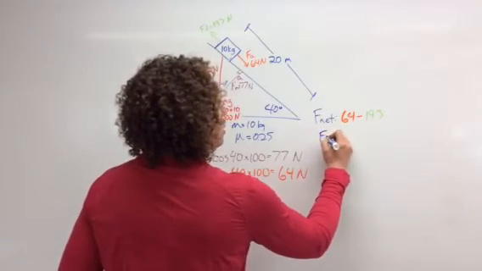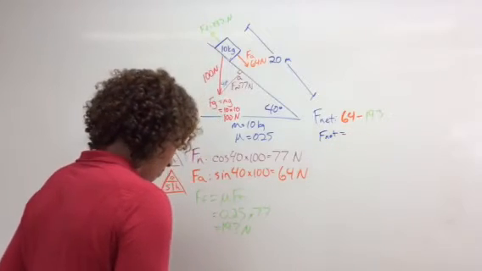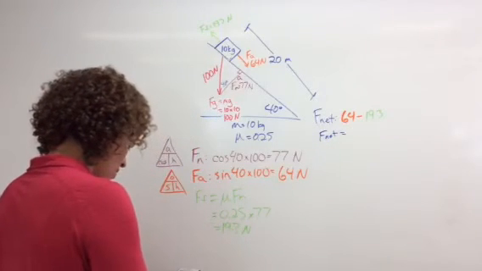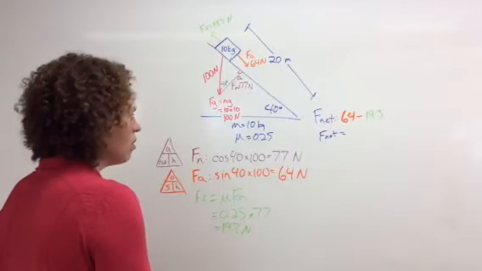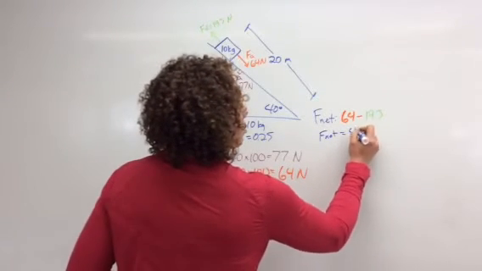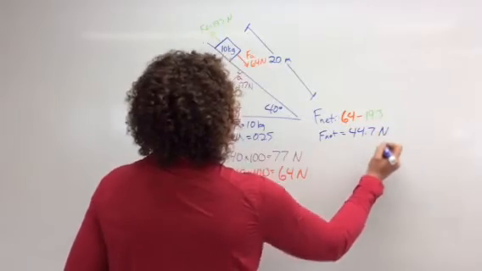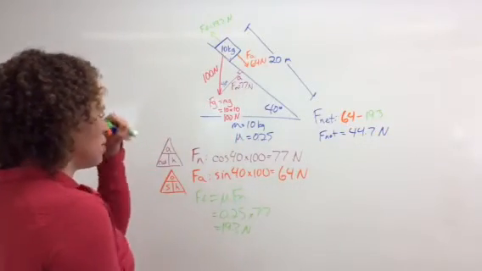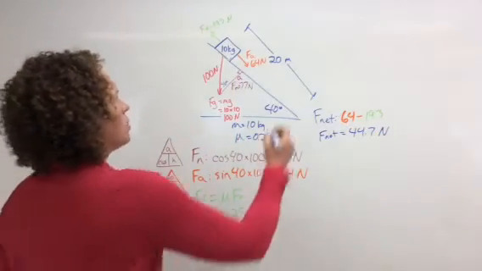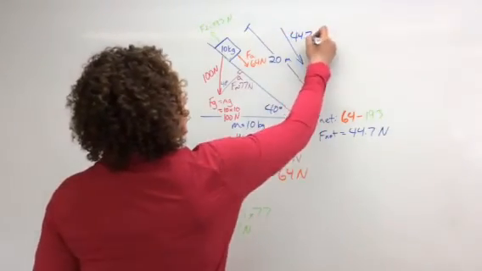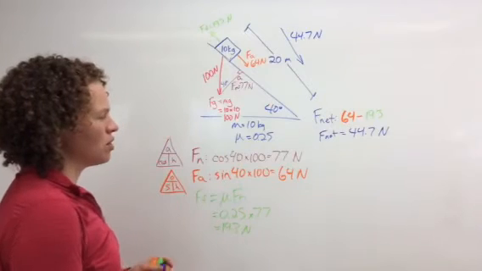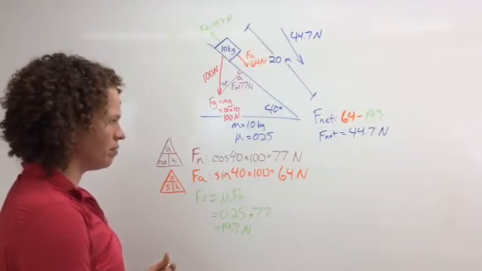So my F net is going to be 44.7 newtons. So I have a total of 44.7 newtons pulling in that direction, which is going to contribute to the acceleration.